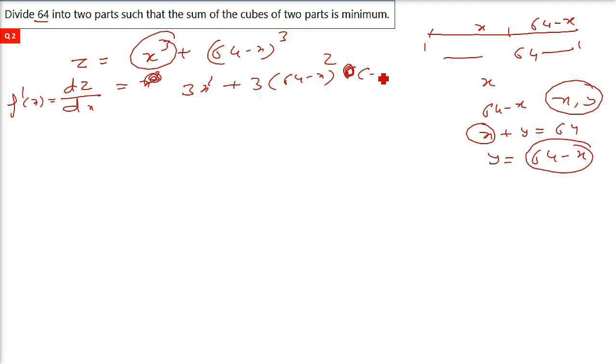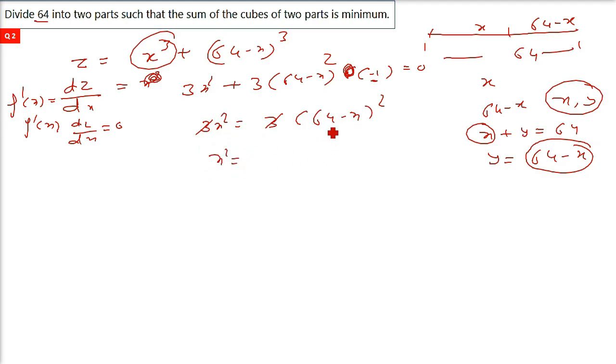We have already done differentiation. The next step is equating it to 0. When we equate it to 0, both parts will be on either side. 3x square equals 3 into (64 minus x) whole square; the negative was already there, so we just transferred it. Now what will be the better way? Just cancelling this 3 and solving, or there can be some other way also.